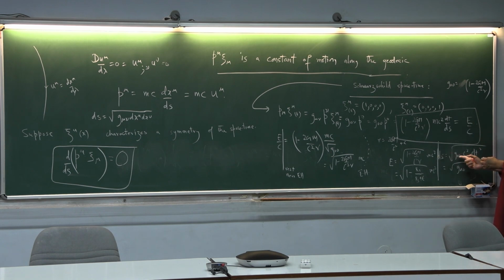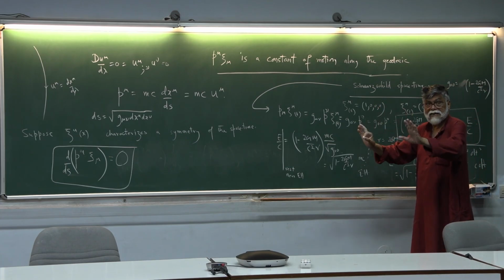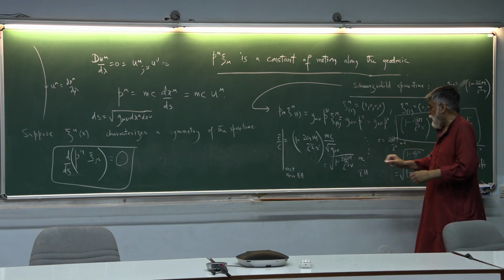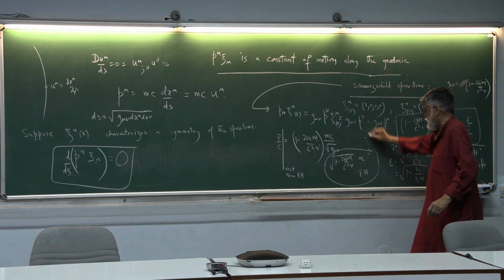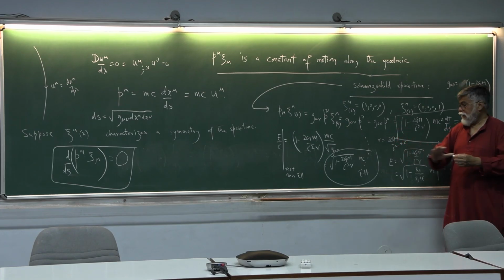So ds is square root of g00 c dt. Put it here. The c dt will cancel and you will get the result that a particle at rest anywhere in the Schwarzschild black hole has this energy. Okay. So what is this?